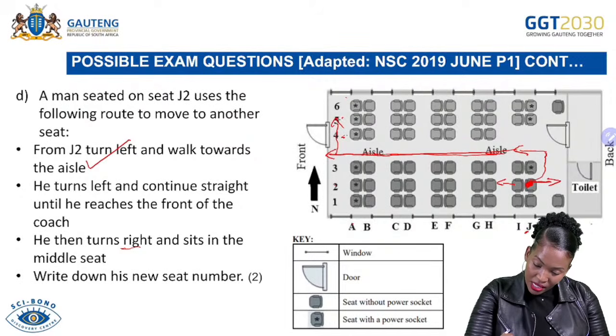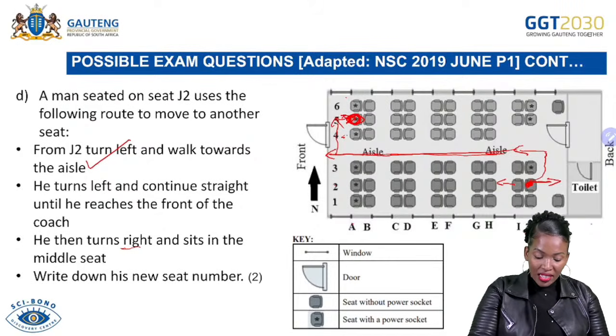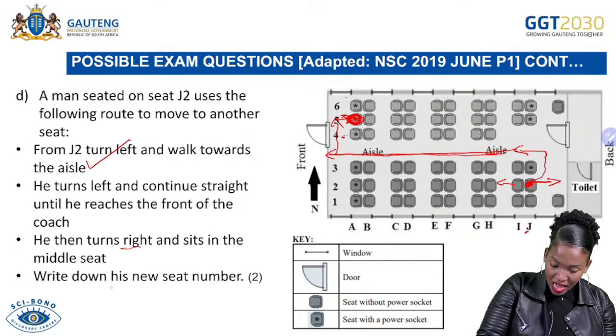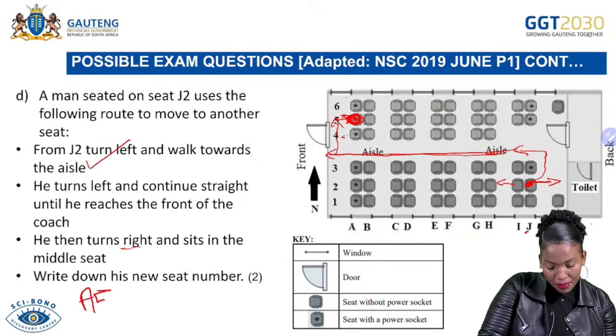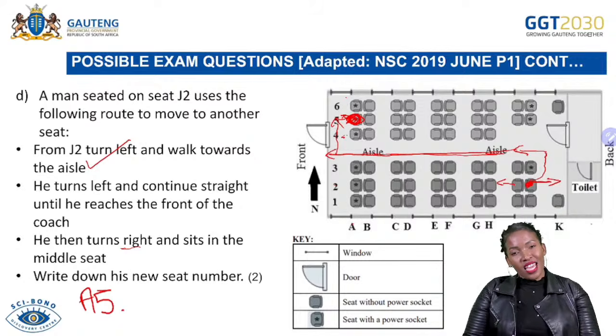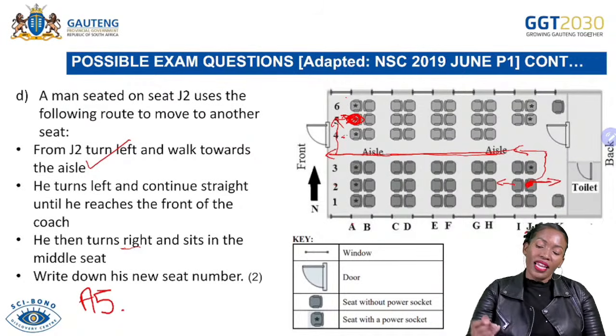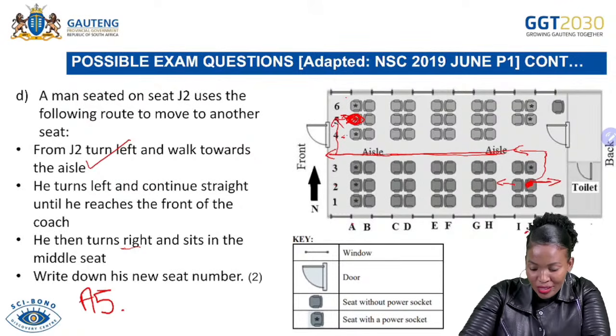Which seat is the middle seat? This is the middle seat. So he ended up here. Write his new seat number. What is the seat number here? It is A5. The answer is A5. If you follow your instructions correctly, you will land at the right position.